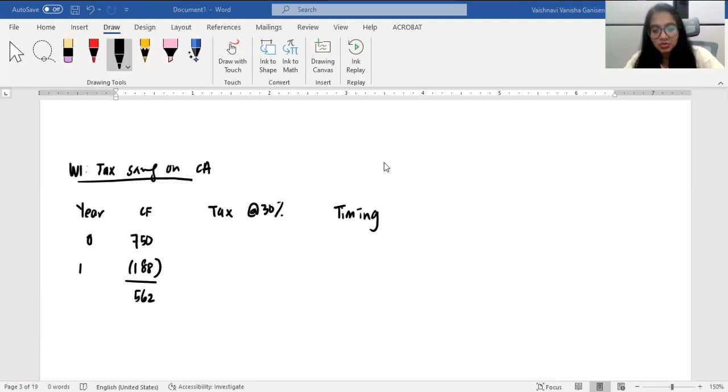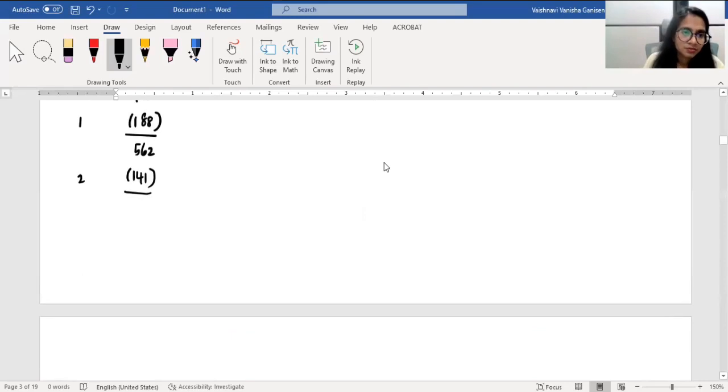Now 562 multiply 25% is 141. So year 2, 141. Now 562 minus 141 is 421. And then 421 multiply 25% is 105. 421 minus 105 is 316. So this is year 3, 316.